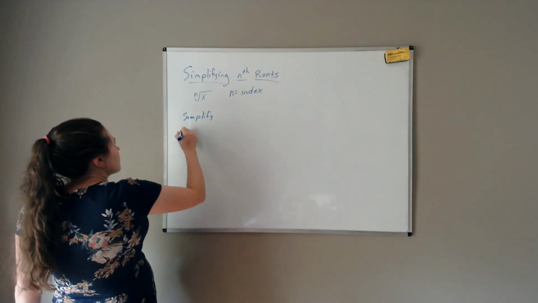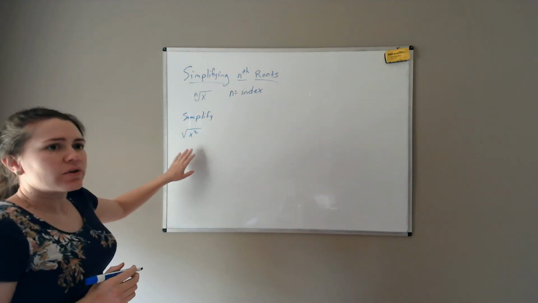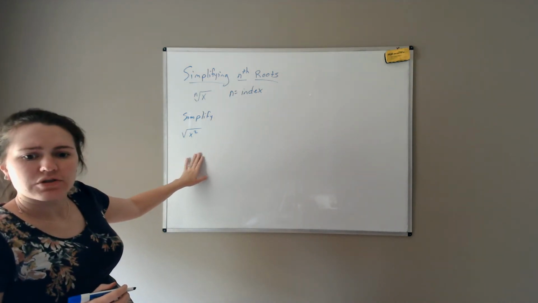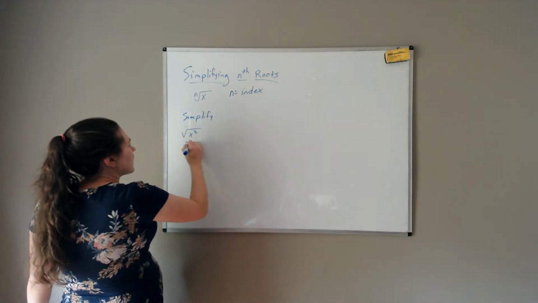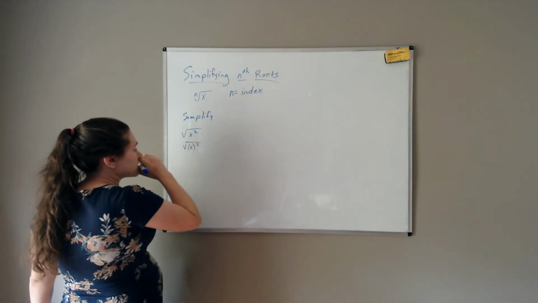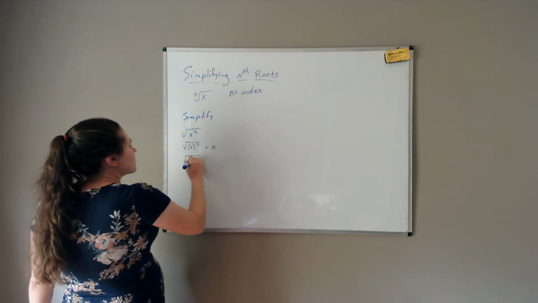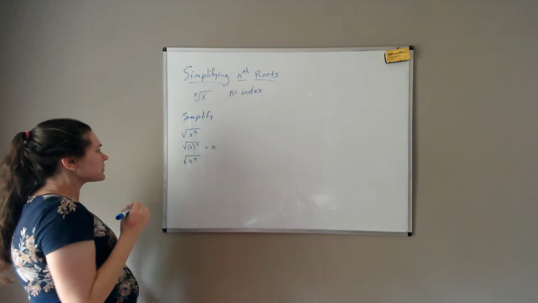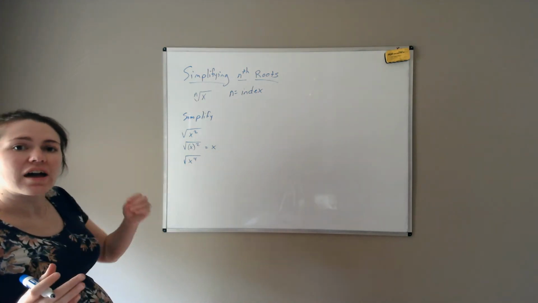Okay, so if I ask you to simplify the square root of x squared, you have the factor of x 2 times. I have the same factor twice, so they undo each other, so that's going to give me x. If I have the square root of x to the fourth, I have the same factor of x 4 times.